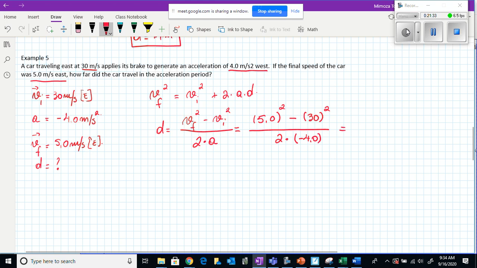And when you use your calculator, you will have positive 109 meters. However, since the lowest number of sigdigs is 2, the final answer will be displacement is 1.1 times 10 to the power of 2 meters going east.